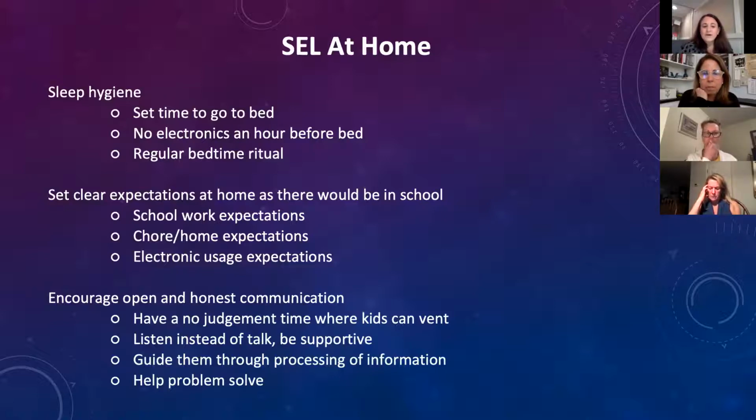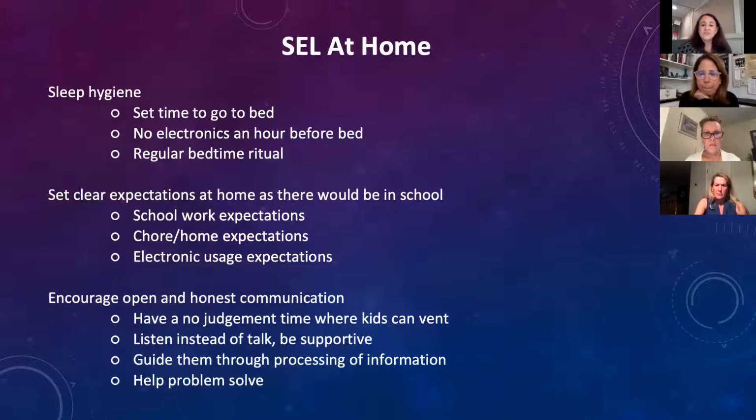And the last one there is open and honest communication. And we as parents, we are models for our kids. So when we model open and honest communication with each other, we're modeling that for our children also. A judgment-free zone provides your child a safe place to share information. And I will point this out. Judgment-free does not mean consequence-free.